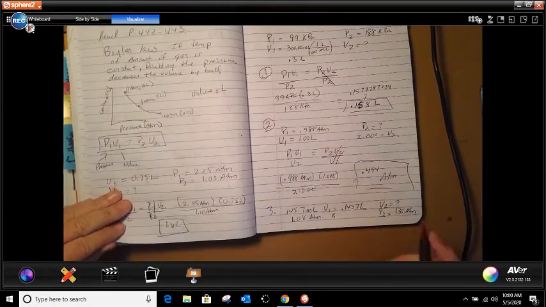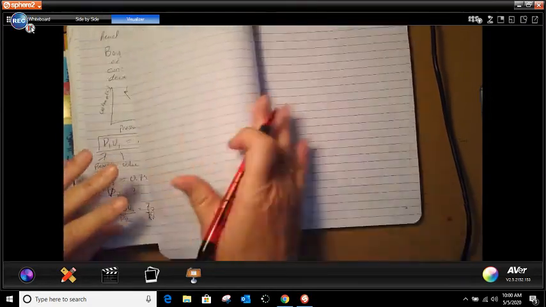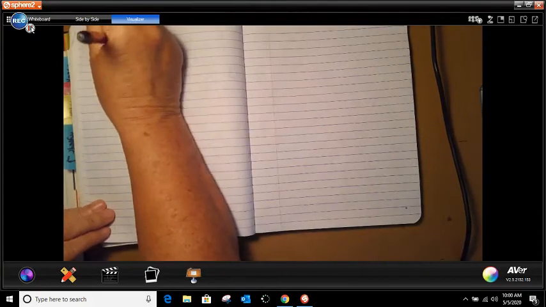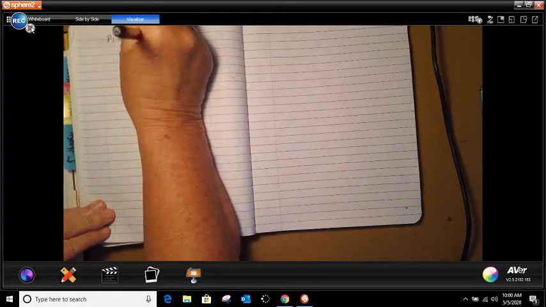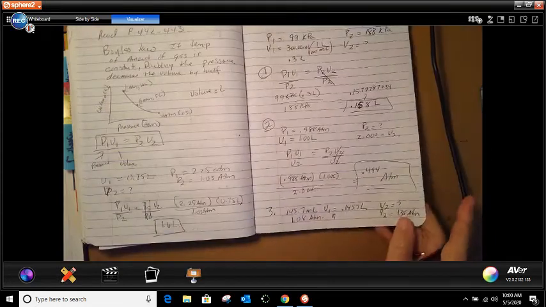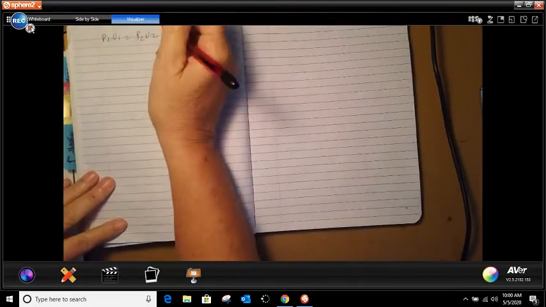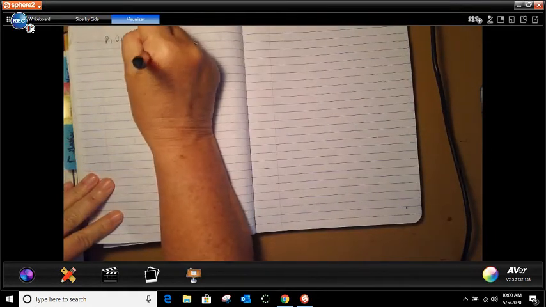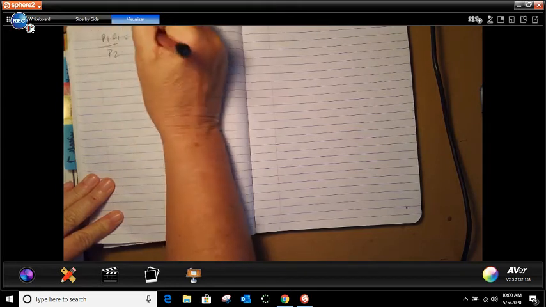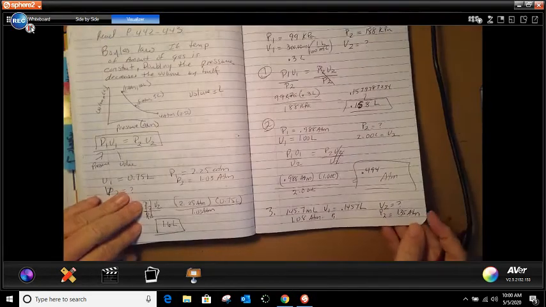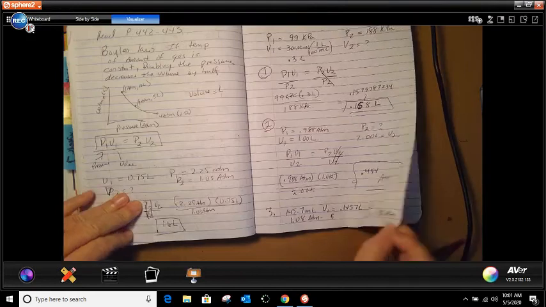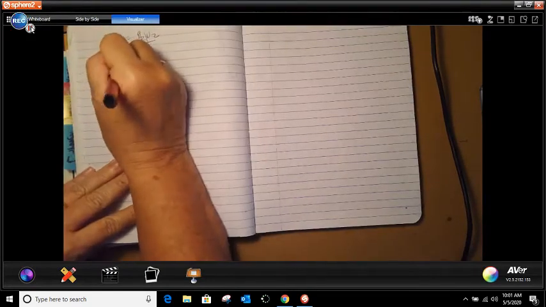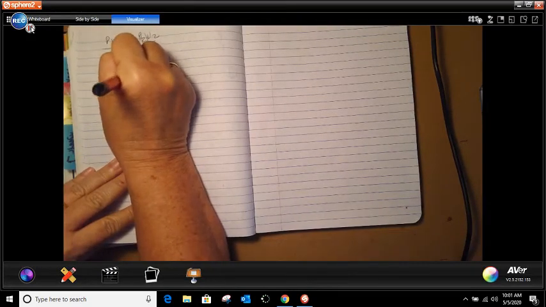I'm looking for volume 2. So I'm going to do P1 V1 equals P2 V2. If I look back, I'm looking for V2. So since I'm looking for V2, I'm going to divide both sides by P2. Okay, my P1 is 1.08 atm.